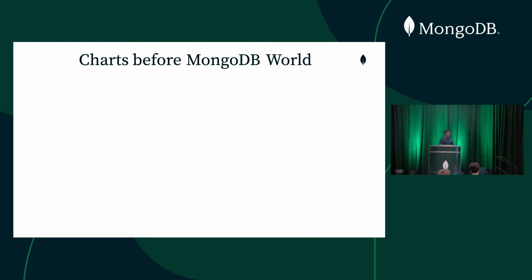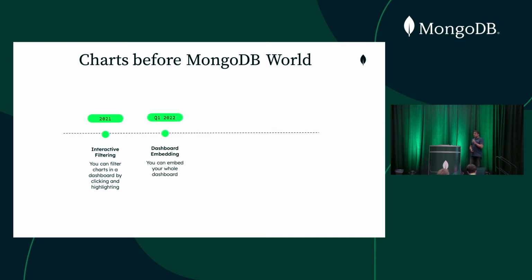So just a quick recap on what we've delivered so far before MongoDB World. First, late last year, we released interactive filtering. Interactive filtering allows you to use highlights inside charts in a dashboard and see how it affects the other charts in the dashboard.